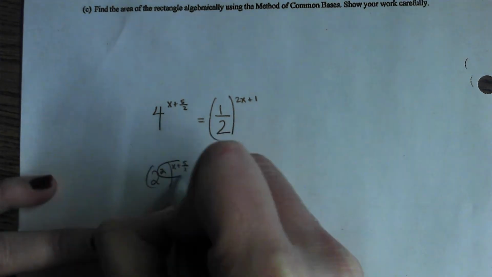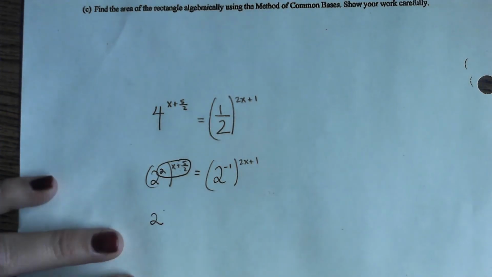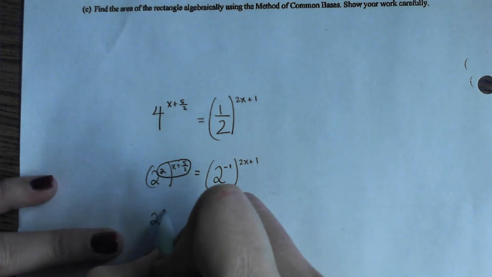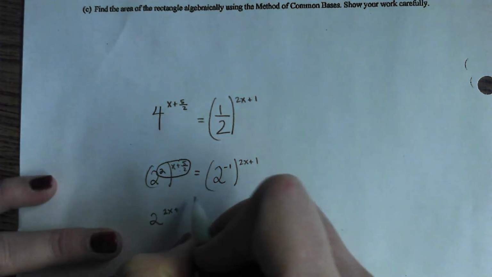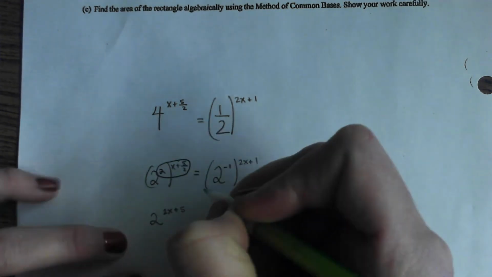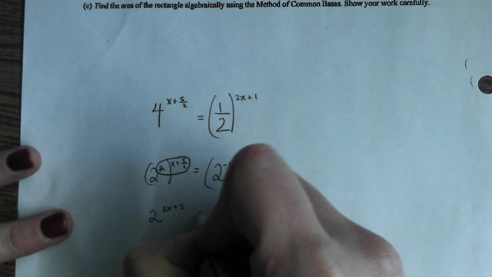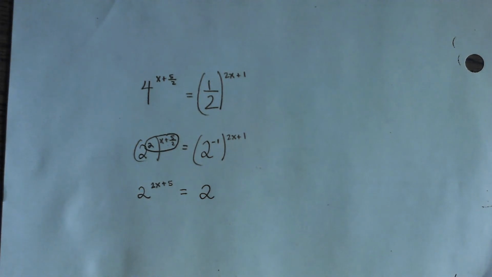And so this is going to become what? Left side. Right, 2 times 5 halves is 10 halves. 10 halves is that whole number 5.